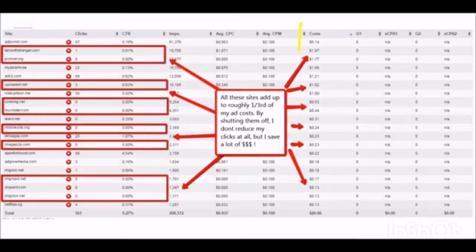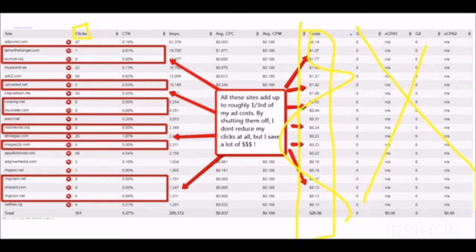So here I am with all this $20 worth of spend. What I'm looking at, because I don't have any conversions yet, we can see there aren't any conversions here because I haven't gotten any sales from this advertising. So the only metric I can actually look at is clicks. And within that, what I want to optimize for is the cheapest cost per click.